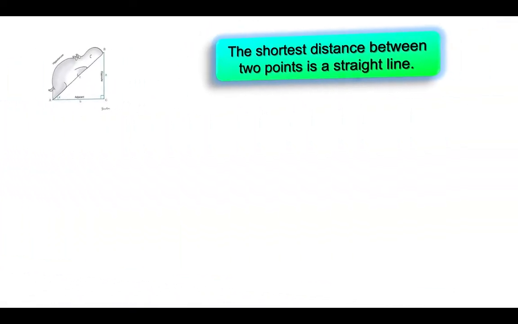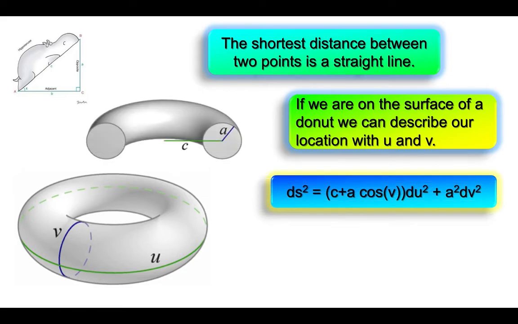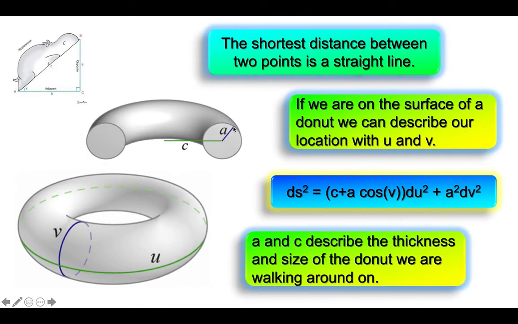Now, if we are going to be traveling around the surface of a donut, we have another way that we could talk about the separation between very nearby points. So the separation between nearby points on the surface of a donut looks something like this, where C is basically talking about the size of our donut. So how big is it from the center of the donut to the middle of the doughy deliciousness? A is something that tells us about the thickness of our donut.